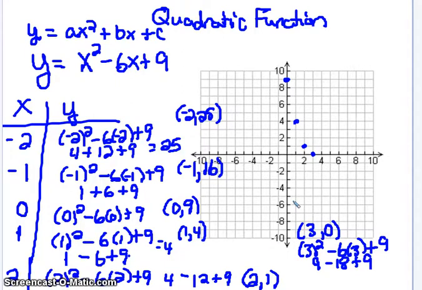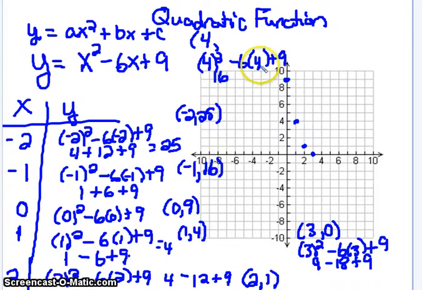Let's see what happens if I put in a 4. I'm running out of room. I'll squeeze the 4 up here. If I put in a 4, then I get 4 squared minus 6 times 4 plus 9. Well, 4 squared gives me 16.